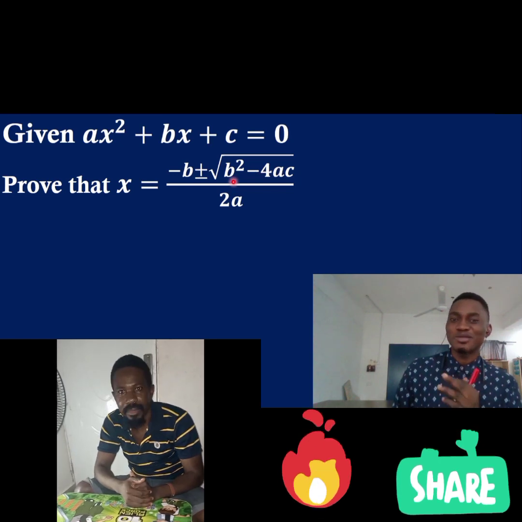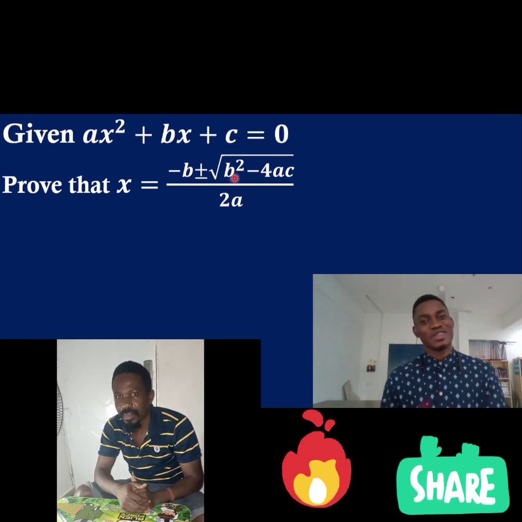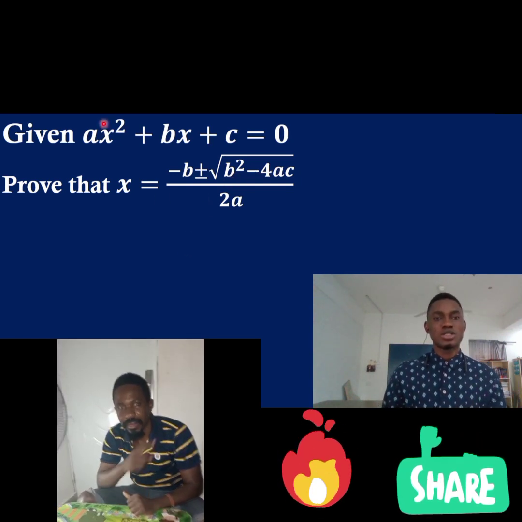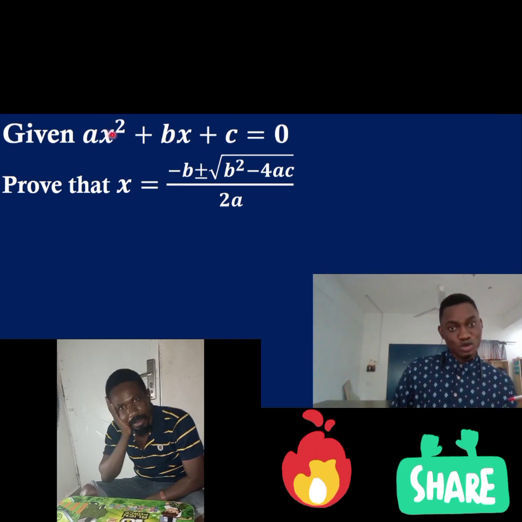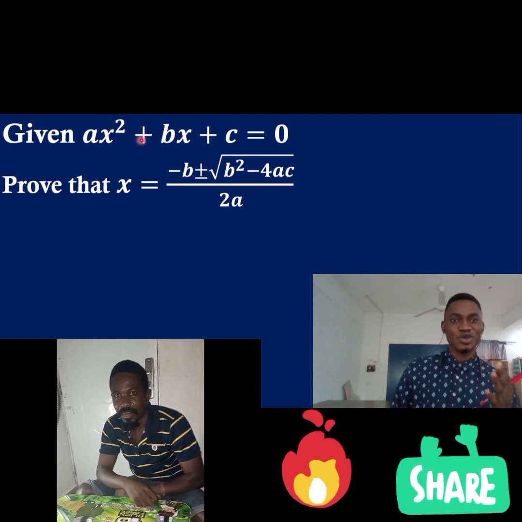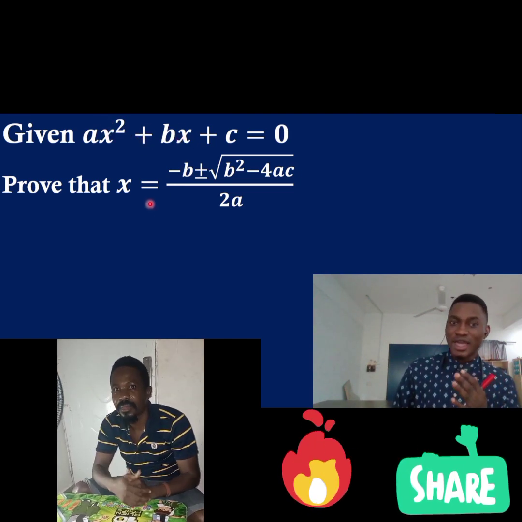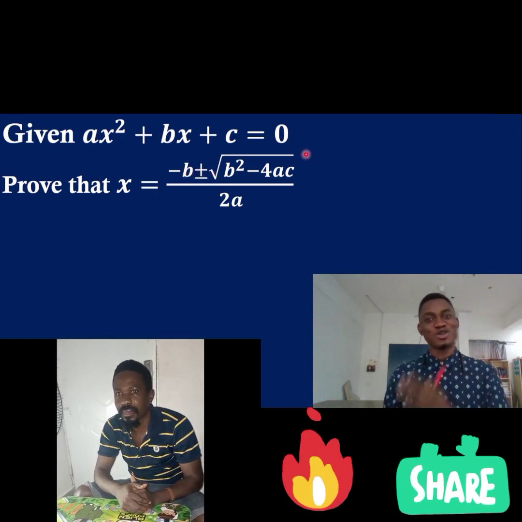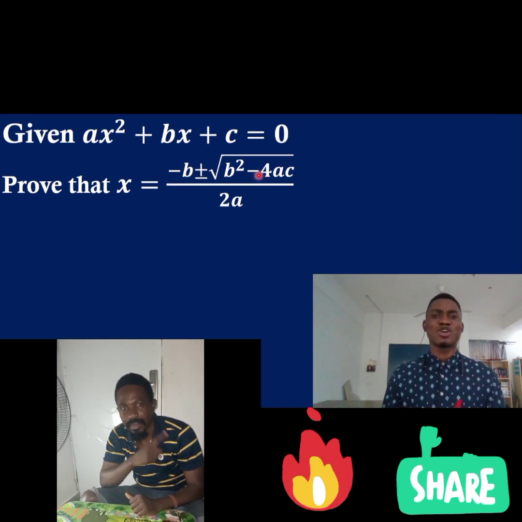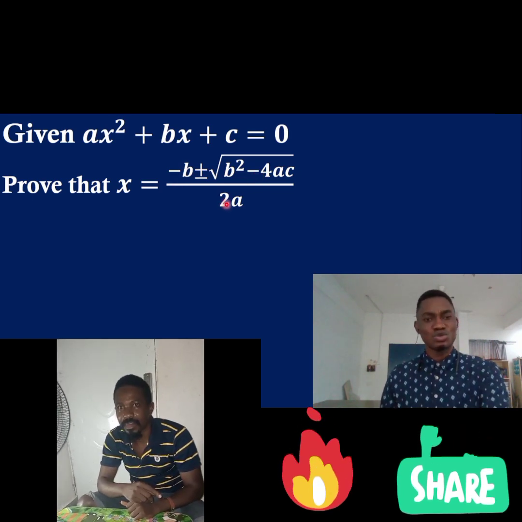This is the almighty formula according to some guys. Okay, so this is our question and this is the answer. So we are to prove that the solution to this equation is x equal to minus b plus or minus root of b squared minus 4ac all over 2a.